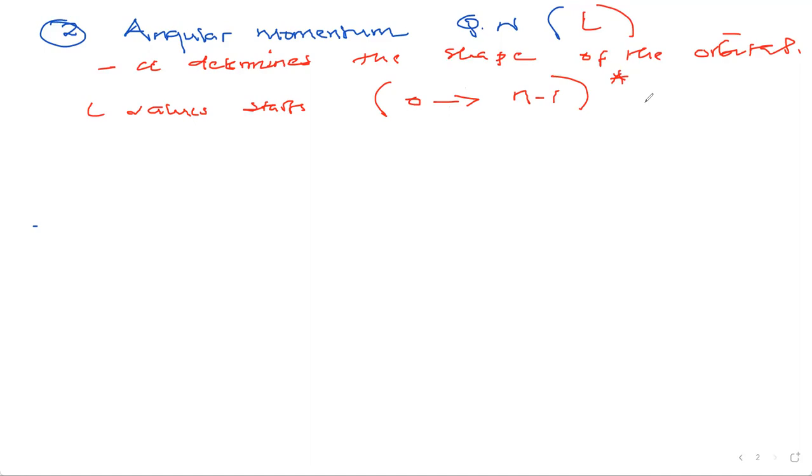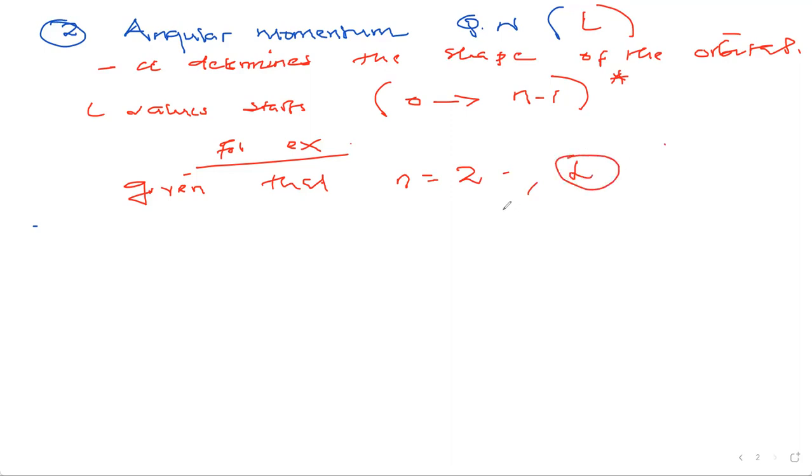What do we mean when we say the values start from 0 to n minus 1? For example, given that n is equal to 2, what is L? Meaning, what is the angular momentum? Basically, this is the principal quantum number, and we are told it is 2.